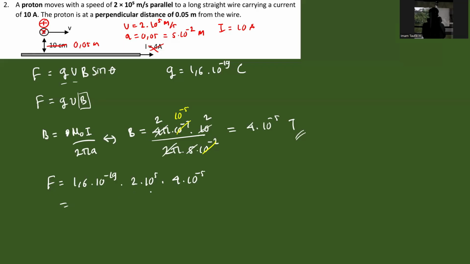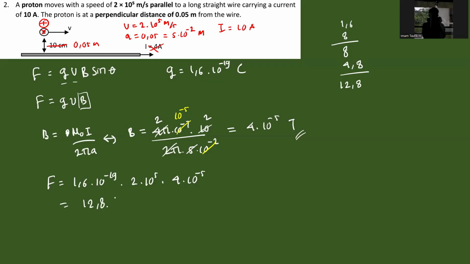So we have 2 times 4 is 8, and 8 times 1.6, let's just calculate it first. 8 times 1 is 8, 8 times 0.6 is 4.8, so we have 12.8.